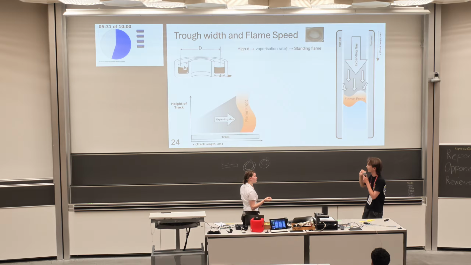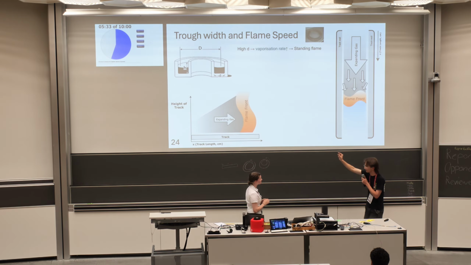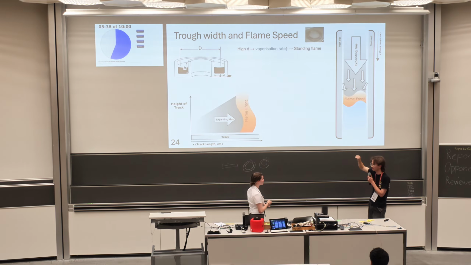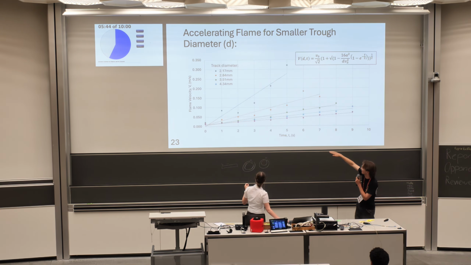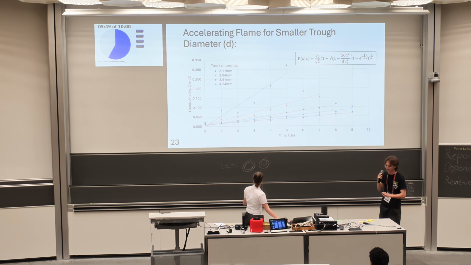I don't think you quite got to my point. You said you track the flame front, so I would expect just a continuous velocity over time graph. Why do you have separate points on that? Because in case of your tracking, we would just see kind of motion. I'm not sure. Okay, then maybe let's move on.